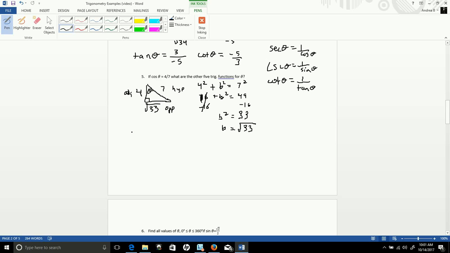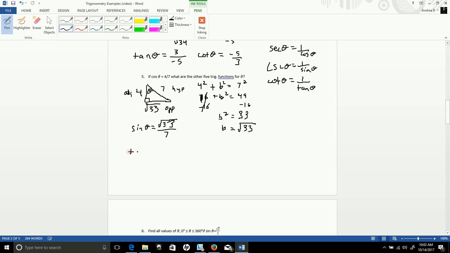So we already had cosine, so we could do, for instance, sine next. So remember, sine is the SOH part of SOHCAHTOA, which is opposite over hypotenuse. So we'd have square root of 33 over our 7.